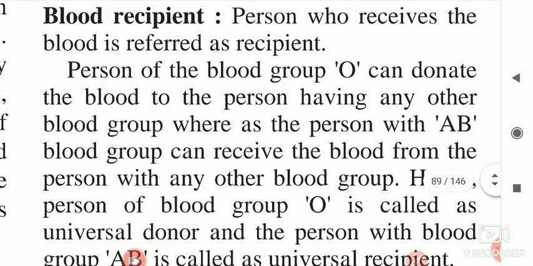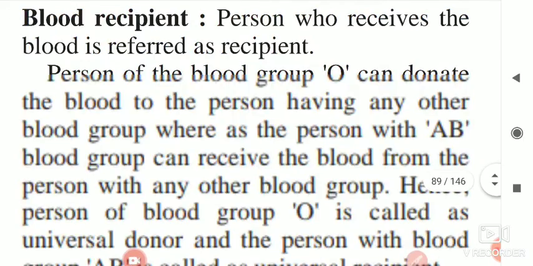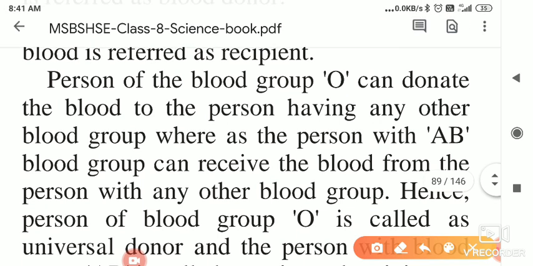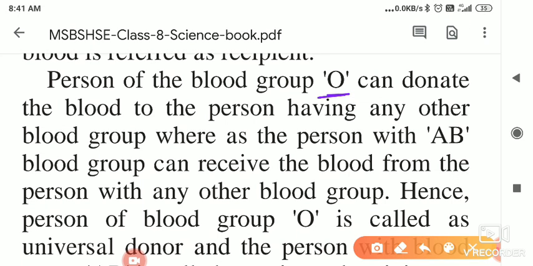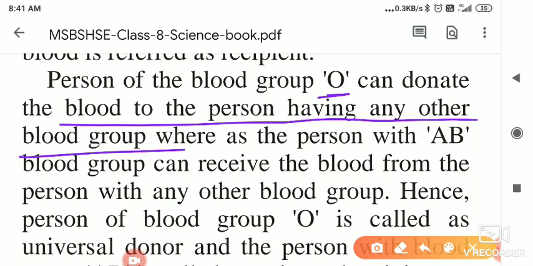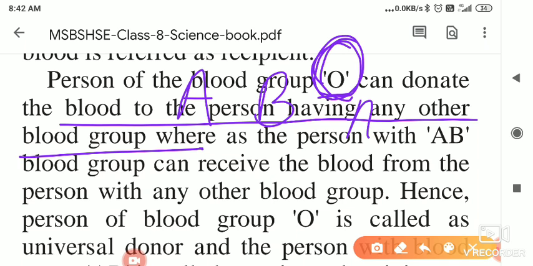Person of blood group O can donate the blood to a person having any other blood group. So a person who has the O blood group can donate blood to people with A, B or AB blood group.